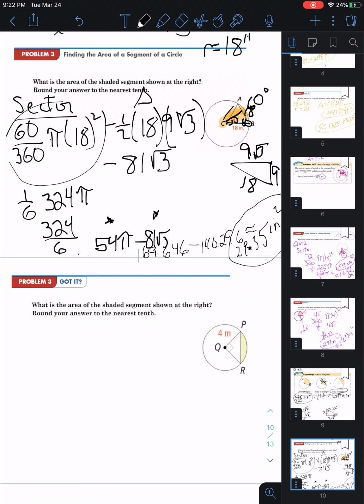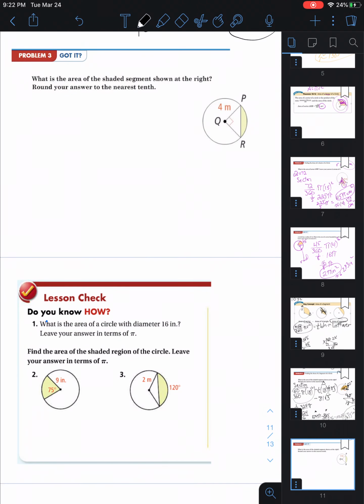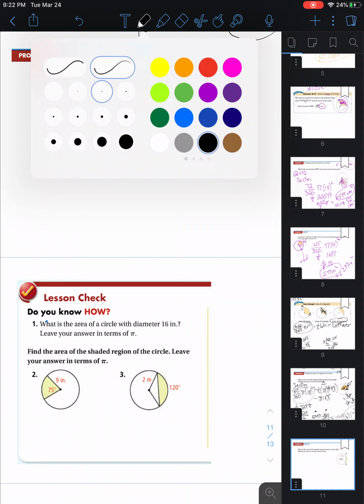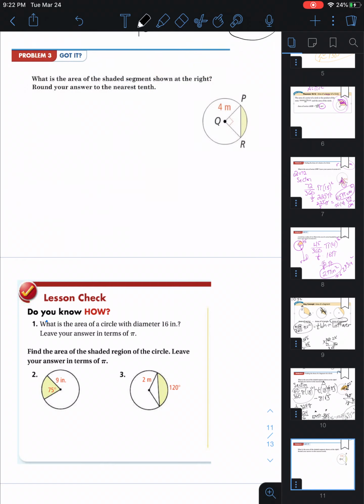All right, let's look at the next one. Notice that my radius is 4 meters, and my central angle is 90, so the measure of the outside arc that coincides with it is also 90 degrees.